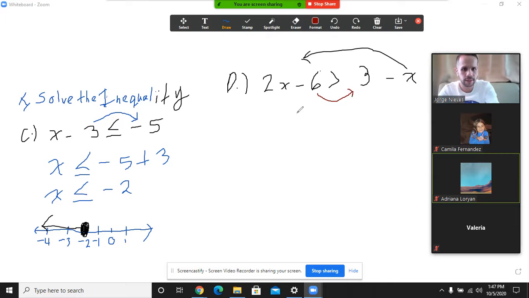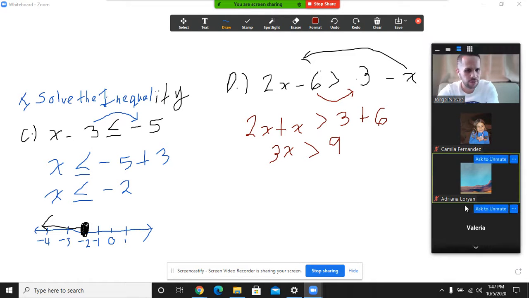So it's going to be 2x plus x greater than 3 plus 6. So 2x plus x is 3x, greater than 9.